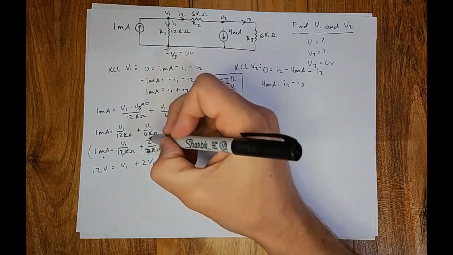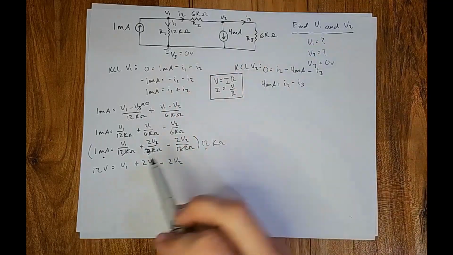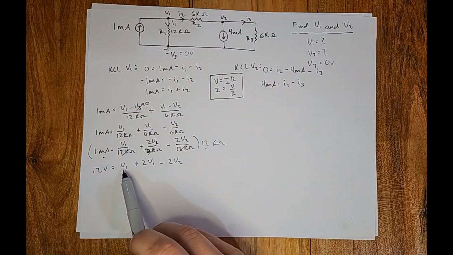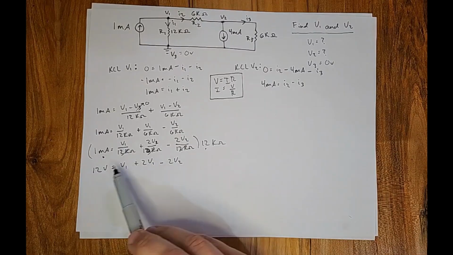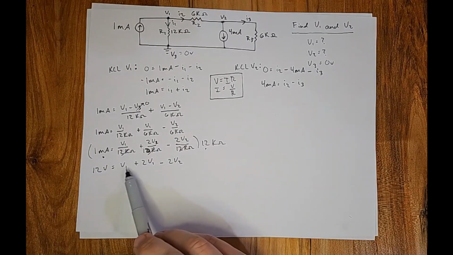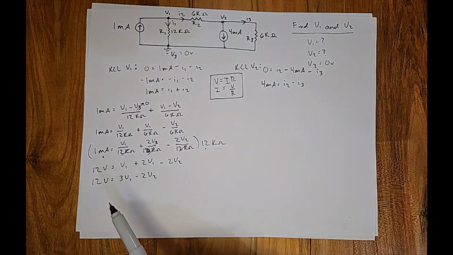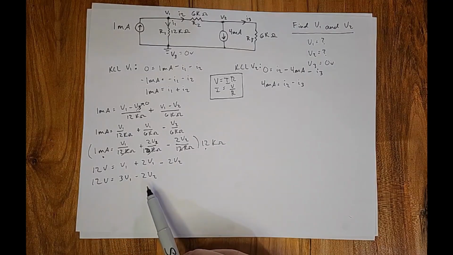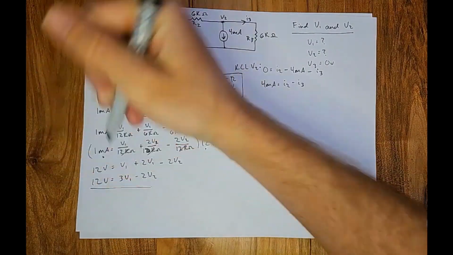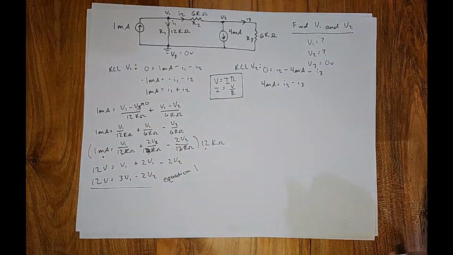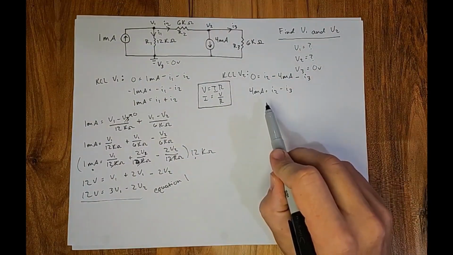Let me adjust one other thing. This is going to be a 1. So we have V1 plus 2V1 minus 2V2 equals 12 volts. So let's simplify. So that turns into 12 volts equals 3V1 minus 2V2. And that is equation 1.